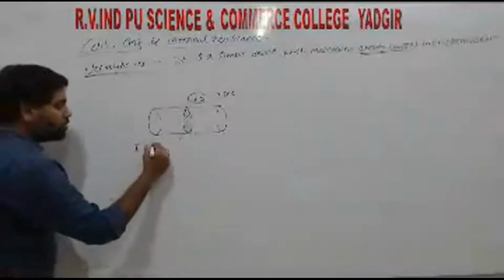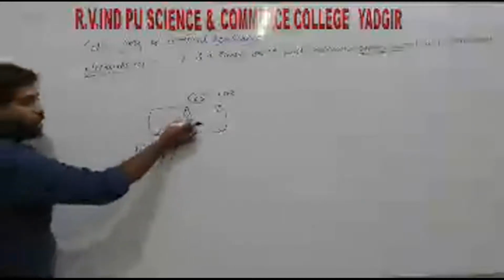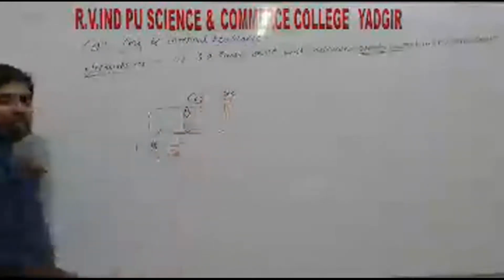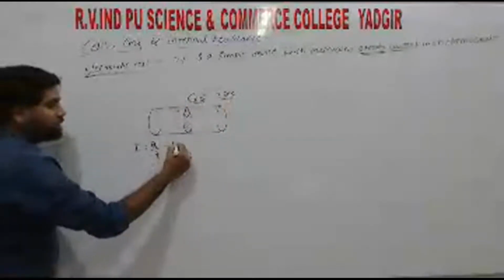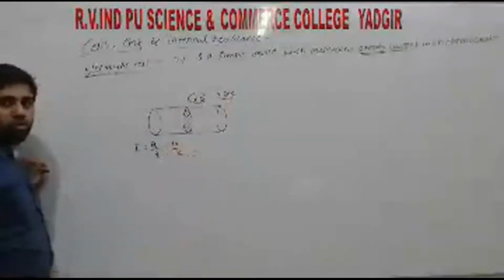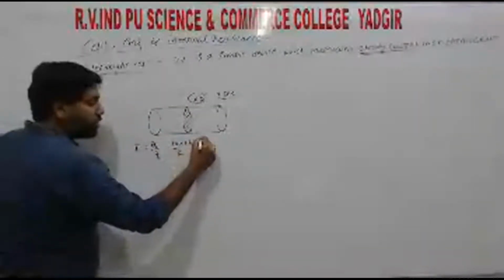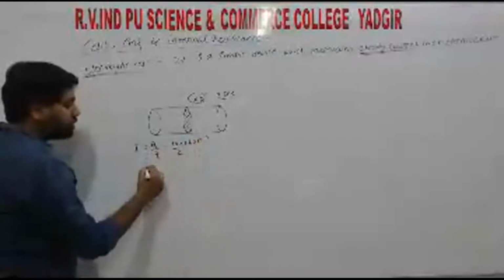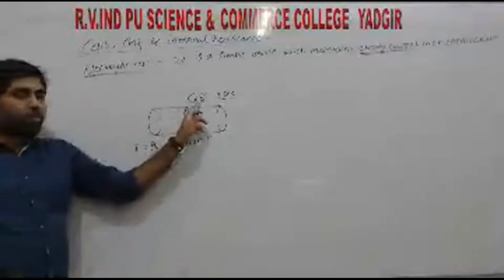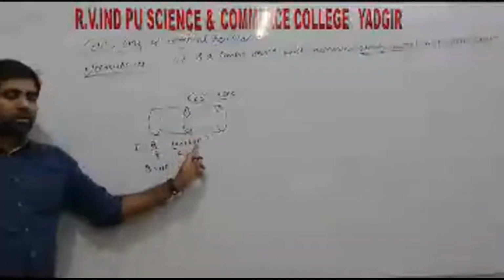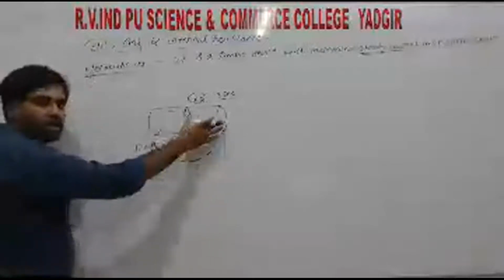So I is equal to Q divided by T, the number of charges flowing across the cross section area per unit time, right? Here we have 10 electrons, so Q is 10 into 1.6 into 10 to the power of minus 19, because Q is equal to N into e, where N is the number of electrons and e is the charge of the electron. This much current is flowing in the conductor.